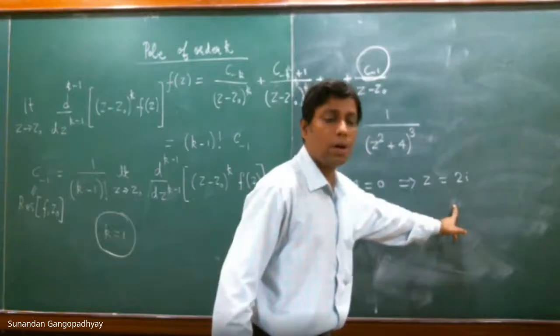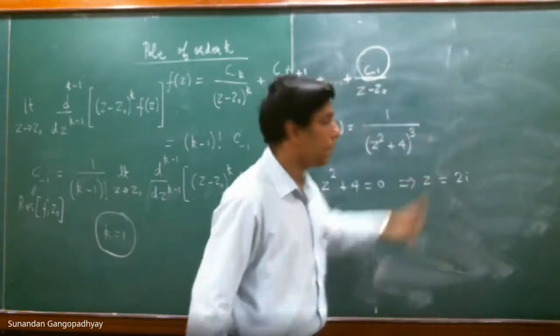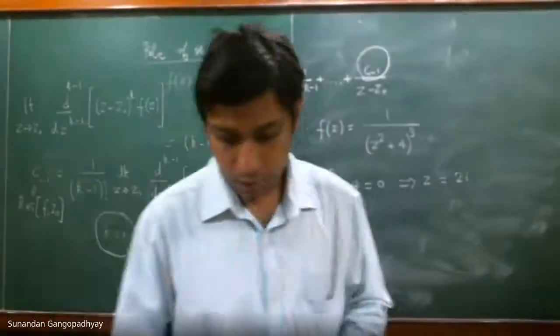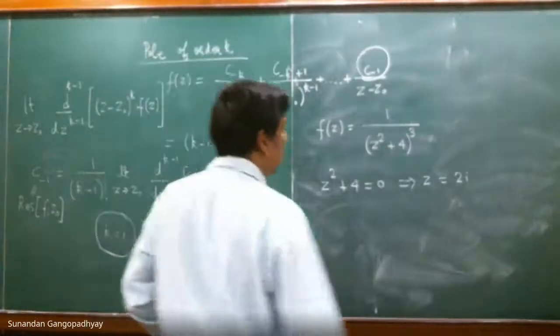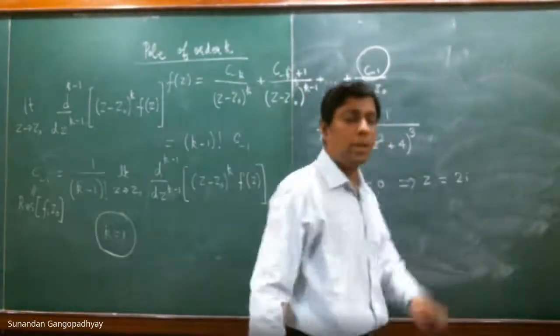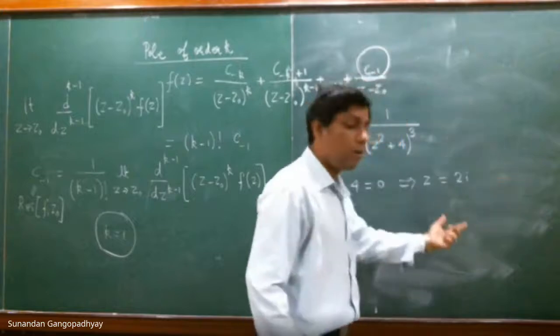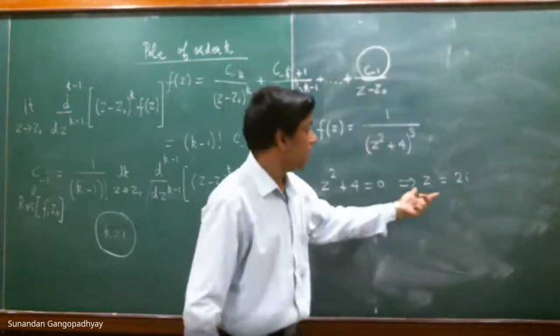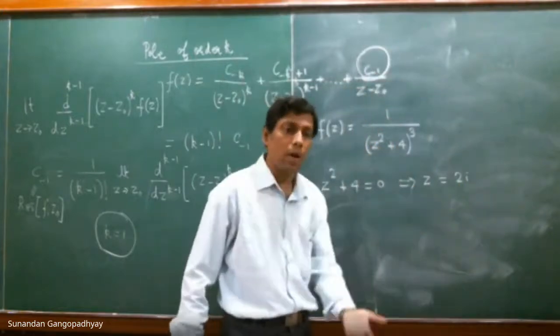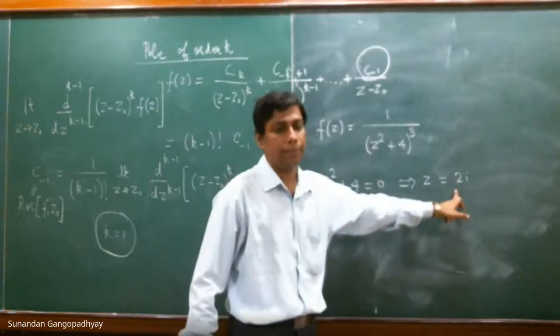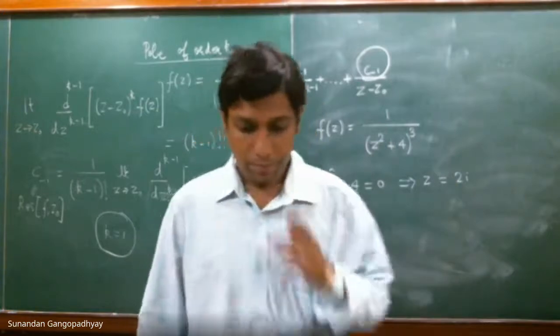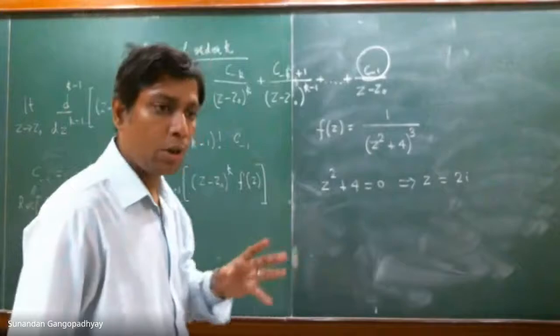The order of this pole is 3. It's a pole of order 3. So this z is equal to 2i, this is a pole in the upper half complex plane, right? And this pole is a pole of order 3. Similarly, you also have a pole in the lower half of the complex plane at minus 2i, and that pole is also of order 3.